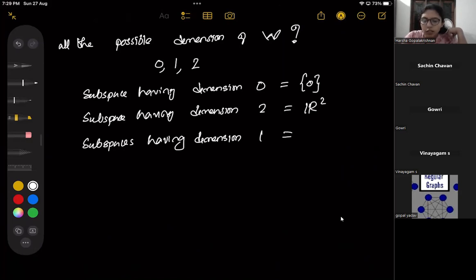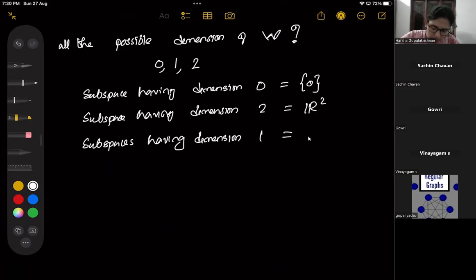What are the possible subspaces with dimension 1? Straight lines passing through the origin. There are infinitely many straight lines passing through the origin, and those are all the subspaces of dimension 1 in R2.